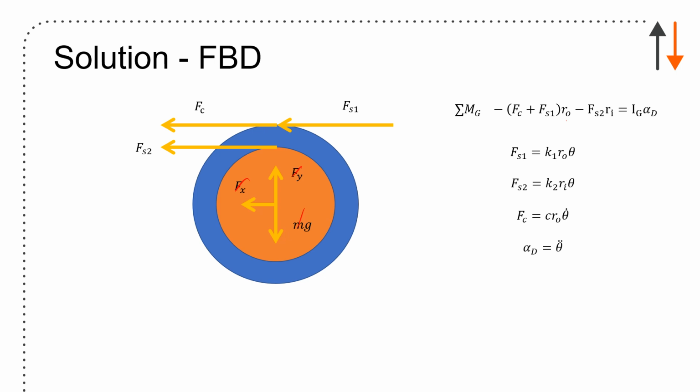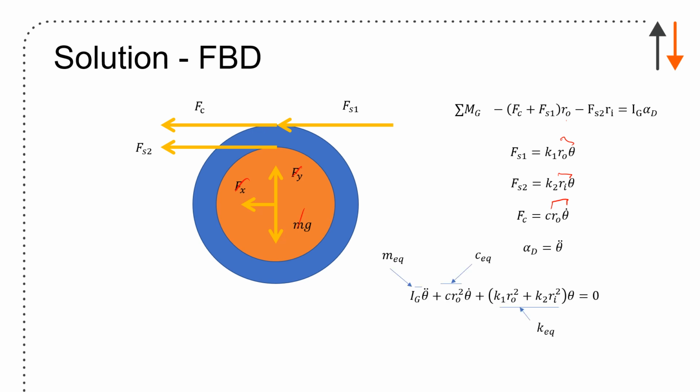You know all of the terms, K1 R0 theta, K2 Ri theta, that's spring displacements. And here you have to have a velocity, and so that's the R0 theta double dot. Alpha d is just going to be theta double dot, just substituting in so we have consistent notation.